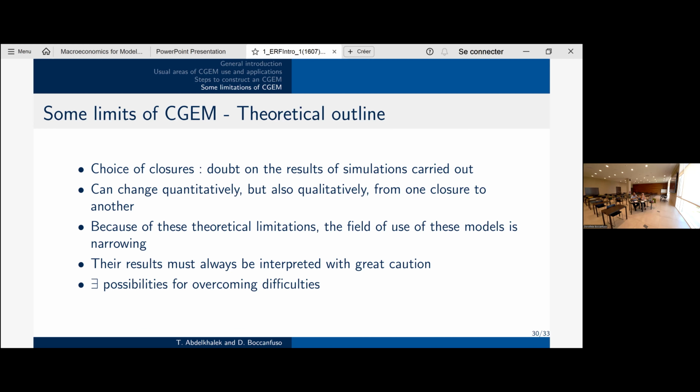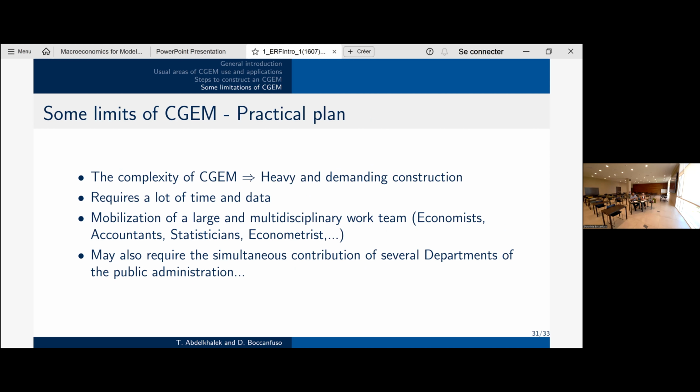I can continue for many hours to tell you about the limitations of this model, but there are some precautions to take when we are looking at it. And there is obviously a possibility to overcome this, and researchers are doing that.